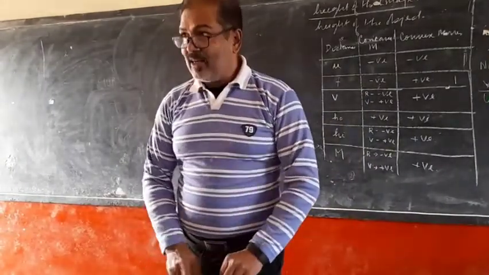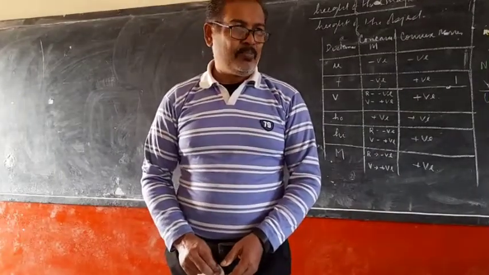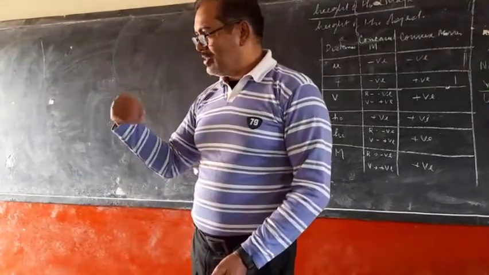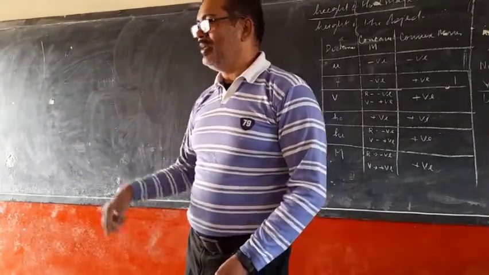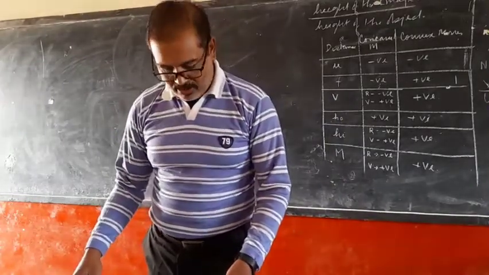To make our understanding more concrete, we are going to take some practical numericals and translate our understanding into them, to see whether we have understood those terms or not.